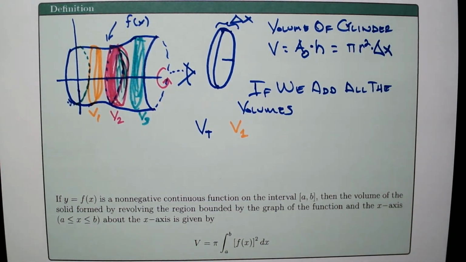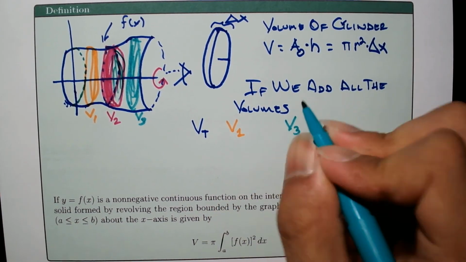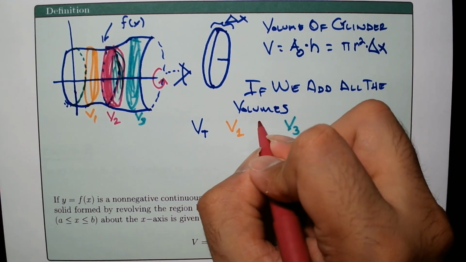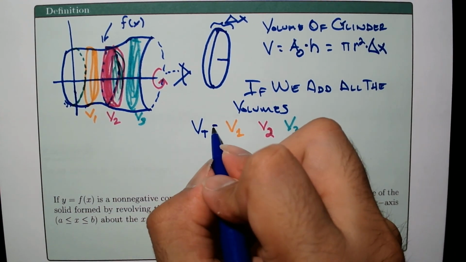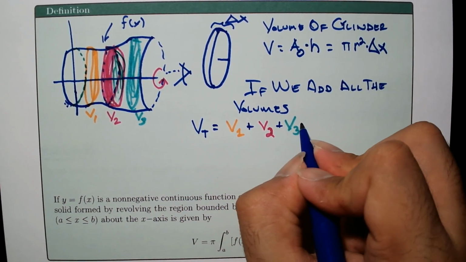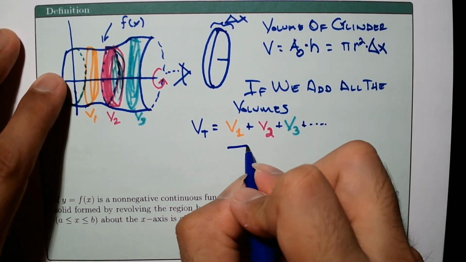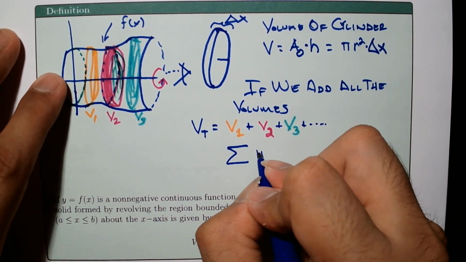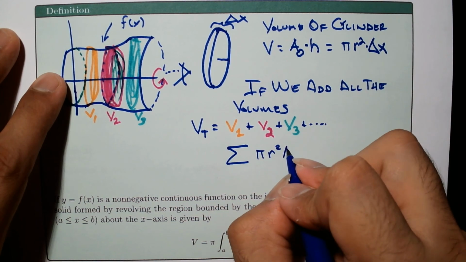If we have infinitely many of these, we are going to get a more accurate volume of the solid. So we are going to have eventually the sum of all these pi r squared delta x.